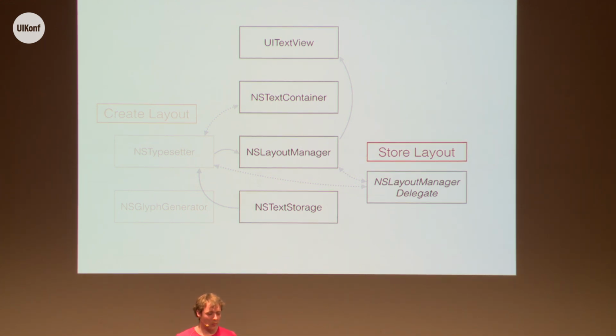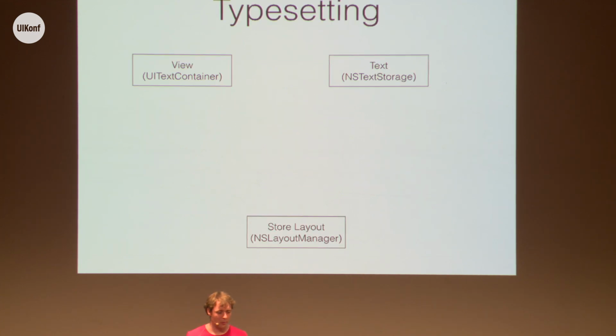All right, so we stick with NSLayoutManager controlling layout stuff. I did not lie, actually. Maybe not. Okay, let's look at how typesetting works. You have the view where the text area is described by the UITextContainer. Like I said before, it's the thing with the lines and the rectangles. Then you have the text in NSTextStorage.